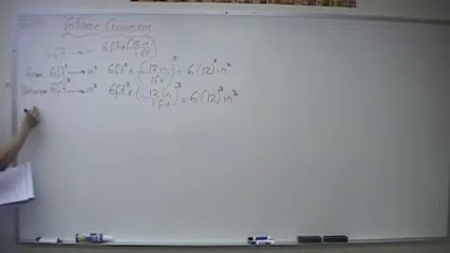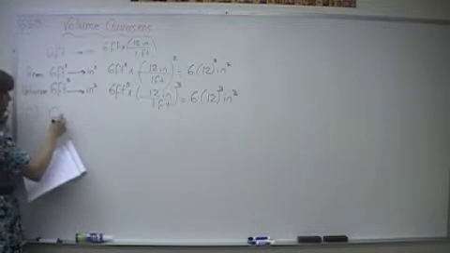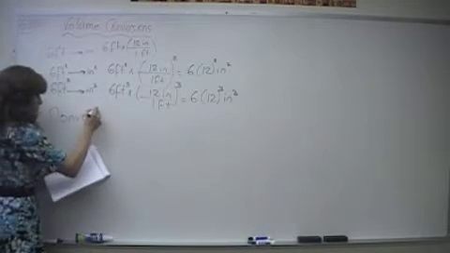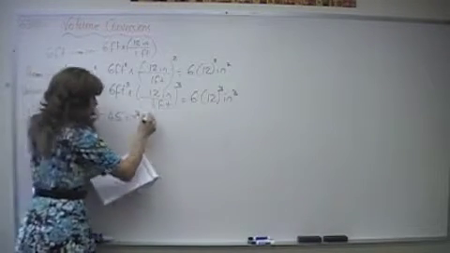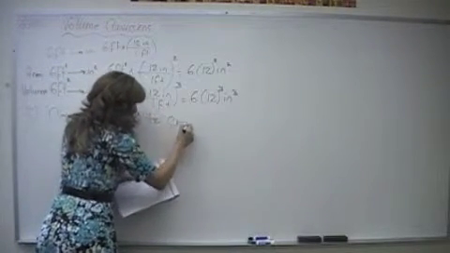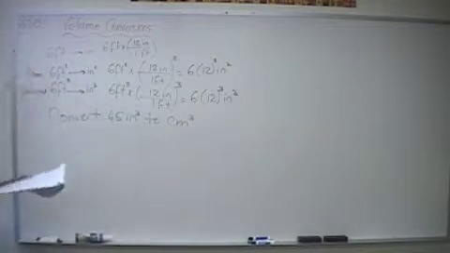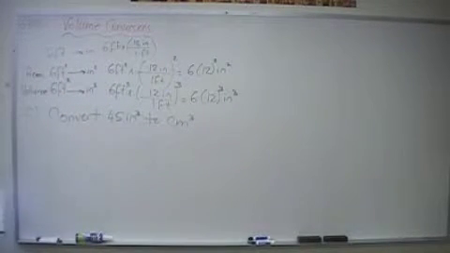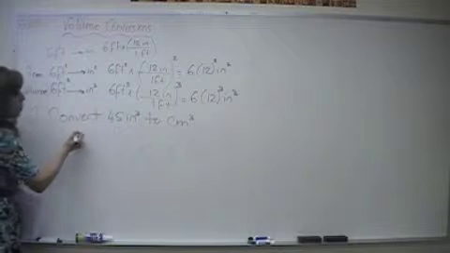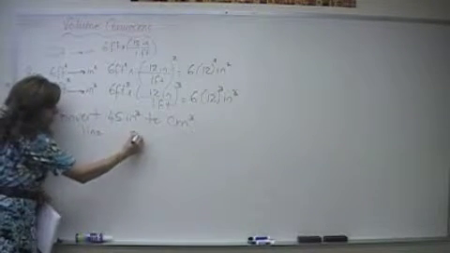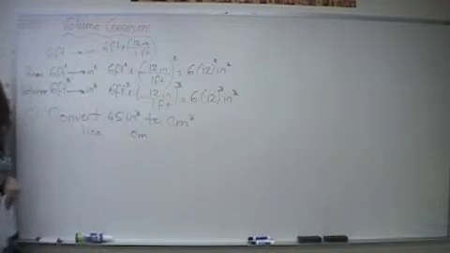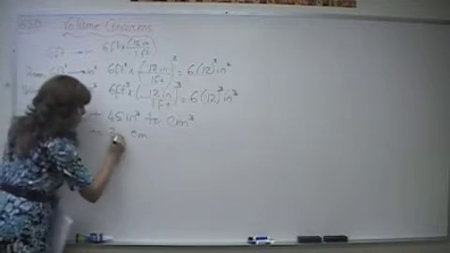Let's do some examples. Letter C. Convert 45 inch cubed to centimeter cubed. Let's remember first, what is the relationship between 1 inch and the centimeter? 1 inch equals how many centimeters? 2.54.